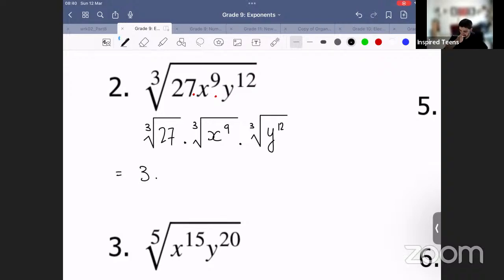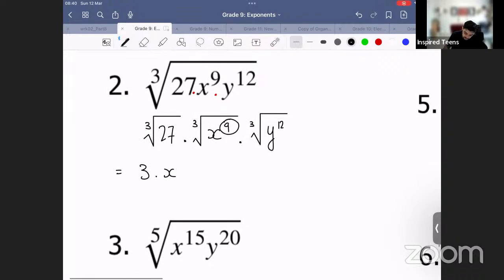The cube root of x to the 9: remember, this is a fractional exponent. So you can write it outside of the root. When we refer to the third or root, we're just referring to that symbol. When you want to get rid of the root symbol, you can write it as a fractional exponent, where the numerator is the exponent inside, and the denominator is the root number. So it becomes x to the 9 over 3, and this one becomes y to the 12 over 3.